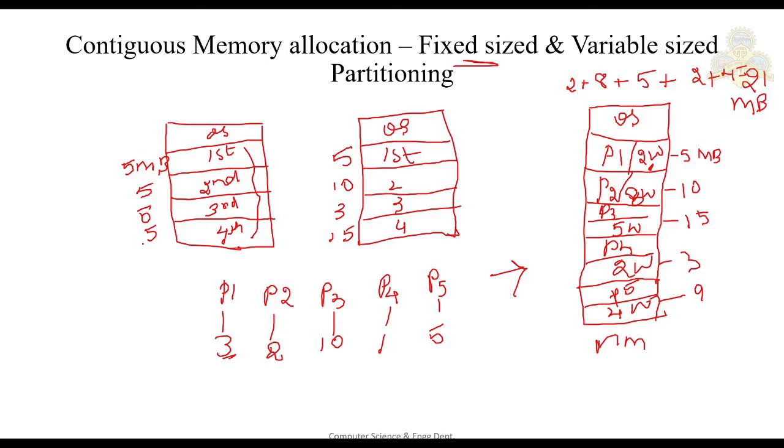The first disadvantage, I'll write here, is internal fragmentation. So what is this internal fragmentation? We'll have a separate topic about fragmentation and talk about it in detail, but here have a basic understanding.